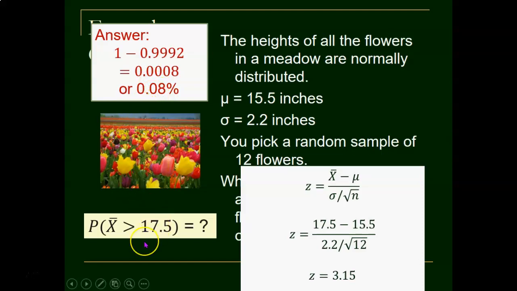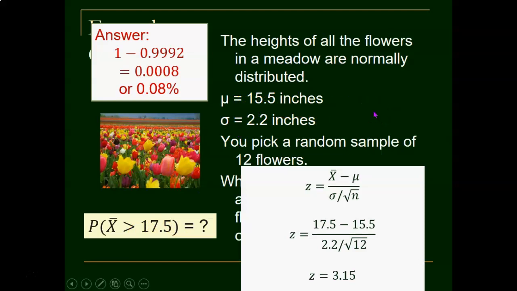In order for that to happen, for those 12 flowers to have an average height of greater than 17.5, either they'd all have to be taller than 17.5, or if some of them weren't, the others would have to be enough taller than 17.5 to sort of make up the difference. So that's something that's not very likely to happen, for a whole group of flowers to have a sample mean that is that high above the population mean.